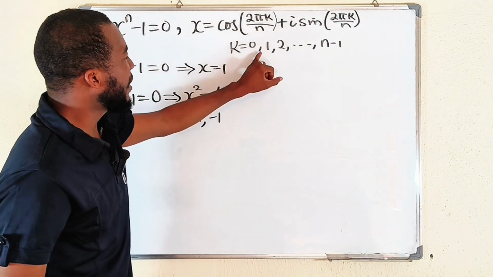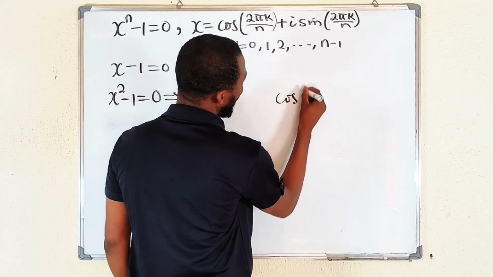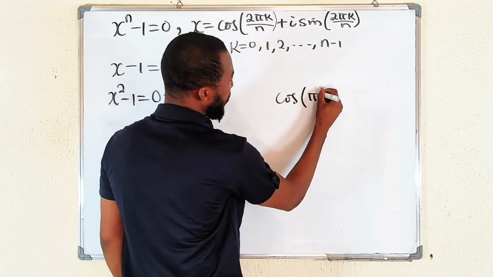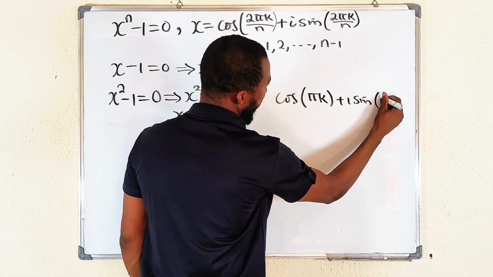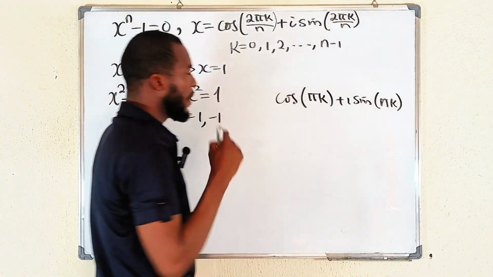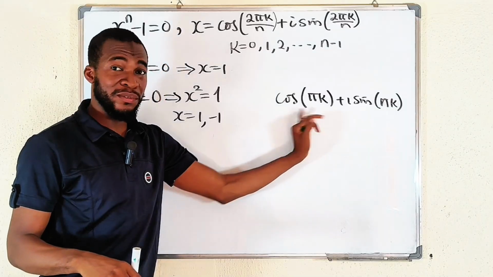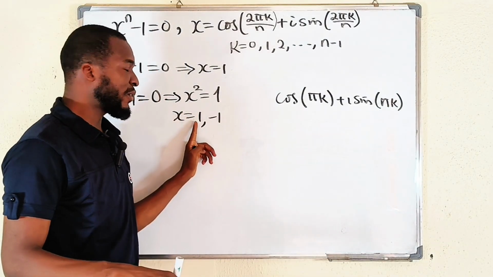Then as k is equal to, let me write it. Cosine of what? Remember, n is 2. It will cancel. We only have pi k, right? Plus I sine of pi k. We have seen that if k is 0, everything here will be 0. And cosine of 0 is 1. Sine of 0 is 0. So everything here will give us 1.